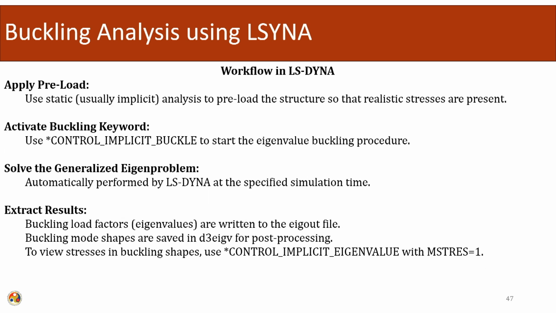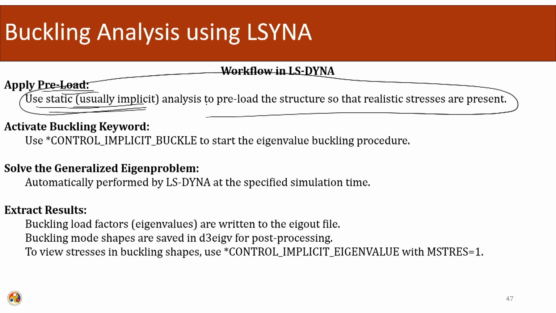So how does LS-DYNA work? LS-DYNA is a conventional finite element software. In any conventional software, what we need to do is preload the system. For preloading the system, we need to use some sort of static calculations, normally implicit, to preload the structure so that the realistic stresses are present. This is mimicking the initial conditions or the initial imperfections.